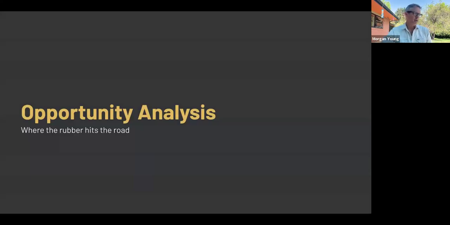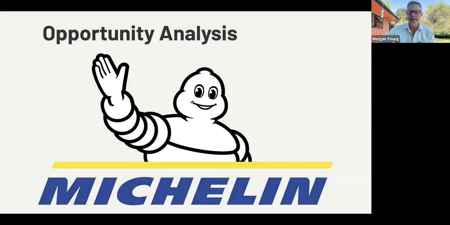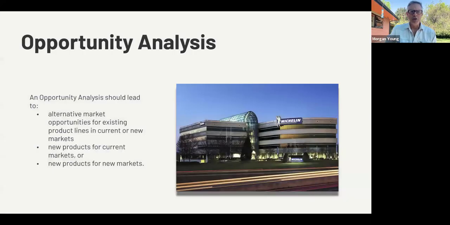So that moves me to an opportunity analysis, which you saw in one of the slides just a little bit ago. I'm going to use Michelin as an example of a good opportunity analysis and how this was done correctly. Michelin is a good example of a company that used an opportunity analysis to find an alternate market opportunity for existing product lines in current or new markets.